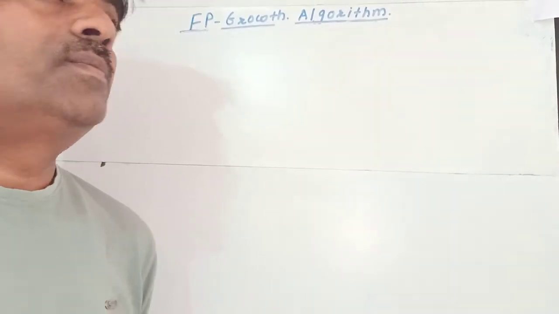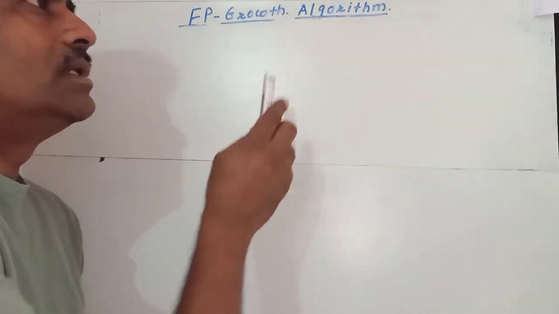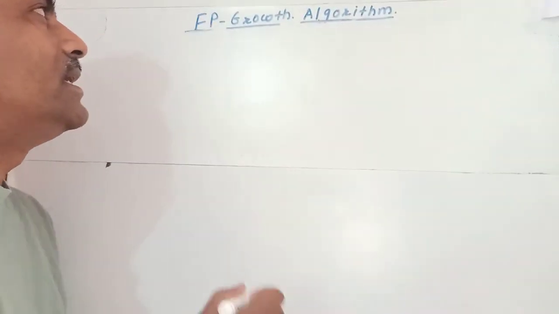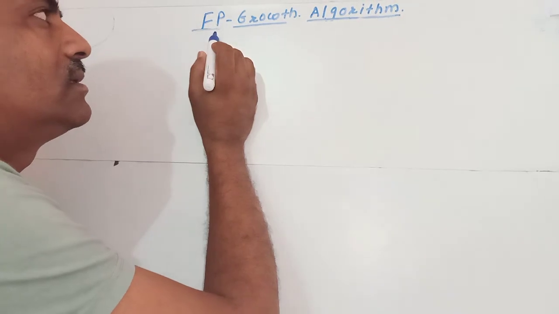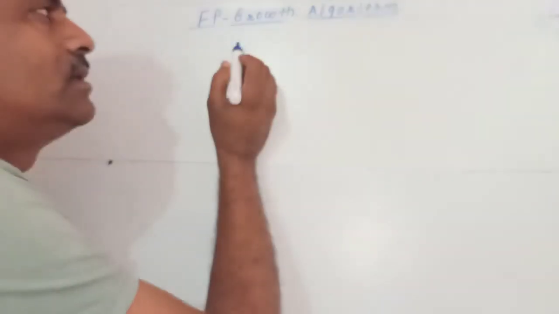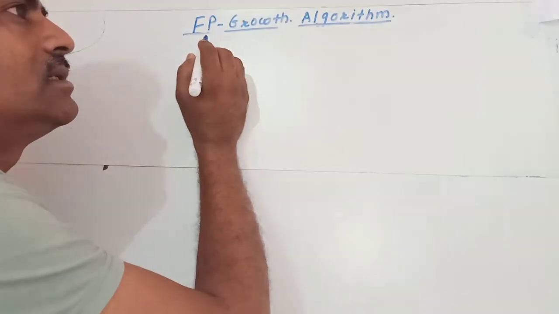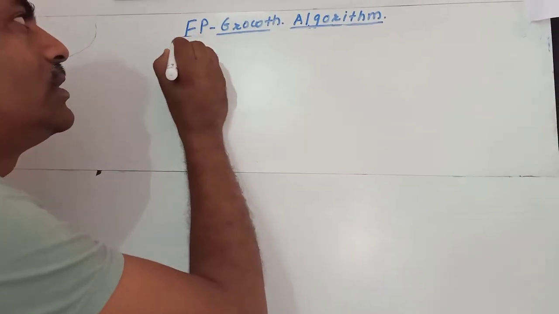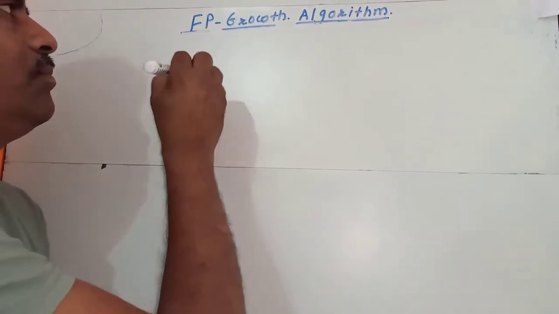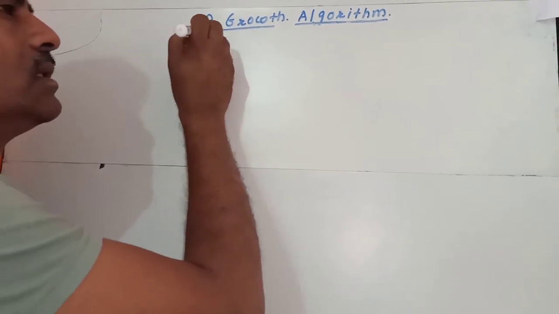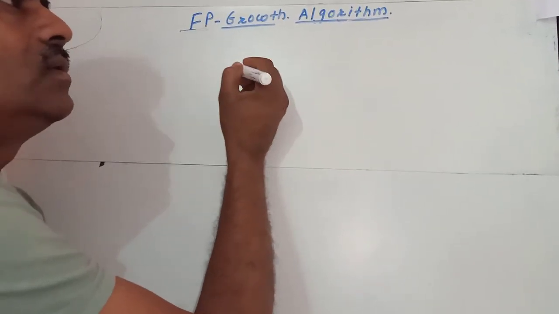Today's topic of discussion is the FP growth algorithm. As the name indicates, FP stands for frequent pattern growth algorithm, right? So frequent pattern in the sense that we are actually going to find out the patterns which occur frequently in the data set.